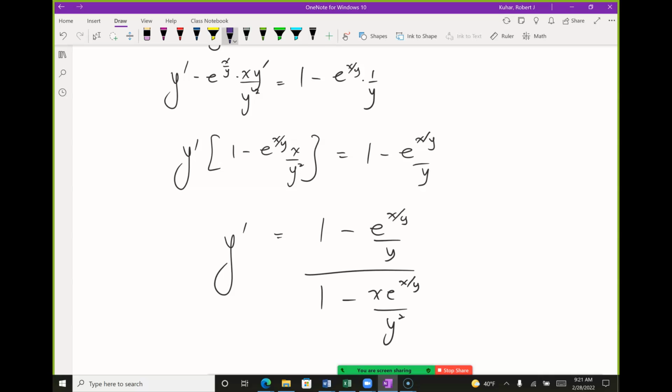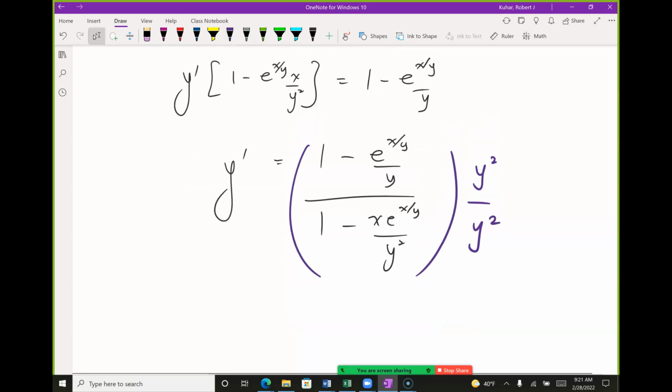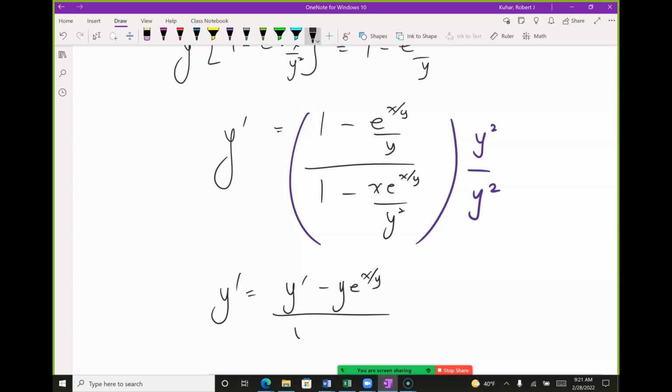And it's pretty obvious here that I'm going to clear fractions with y squared. So I get y squared minus y e to the x over y over y squared minus x e to the x over y.